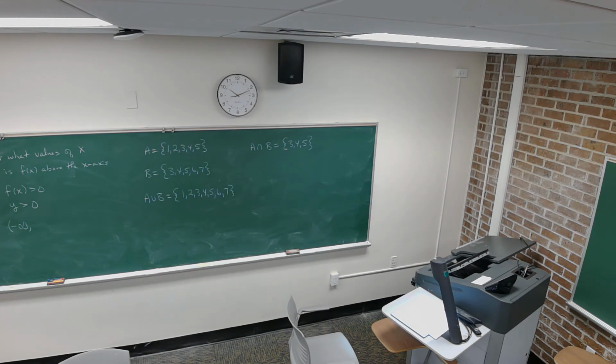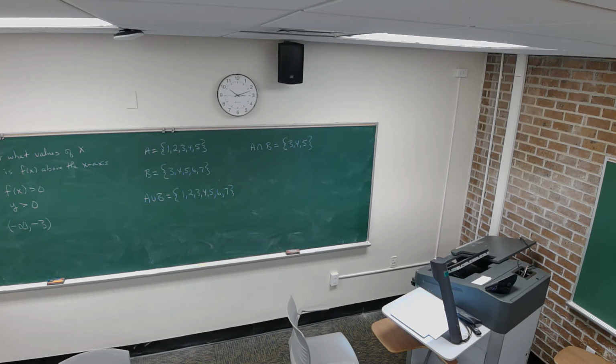Okay. But that's true for all x coordinates or x values up to -3, but not including -3. So this is an interval of values of x, or an interval of x coordinates. All the x coordinates on this graph less than -3 have a corresponding positive y coordinate, or positive function value. Okay.